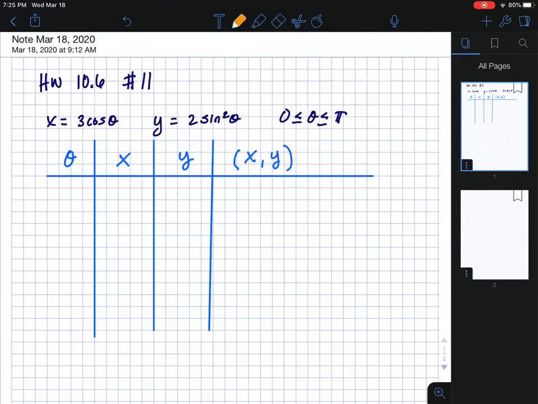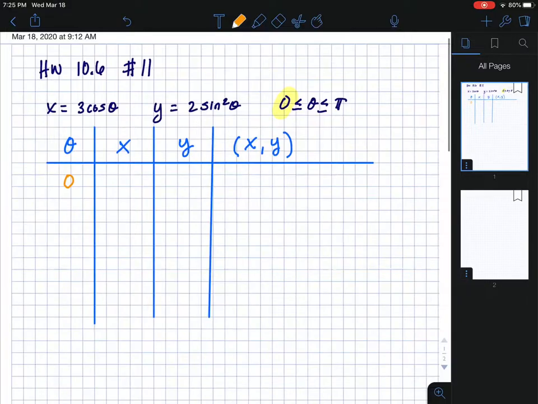So the first one we'll start off with is 0. When we plug in 0 for cosine, we get 3. Cosine 0 is 1, so x equals 3.